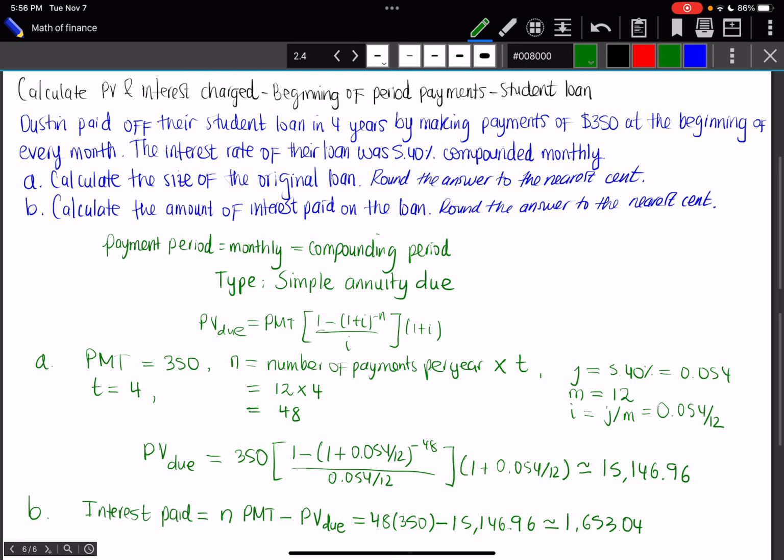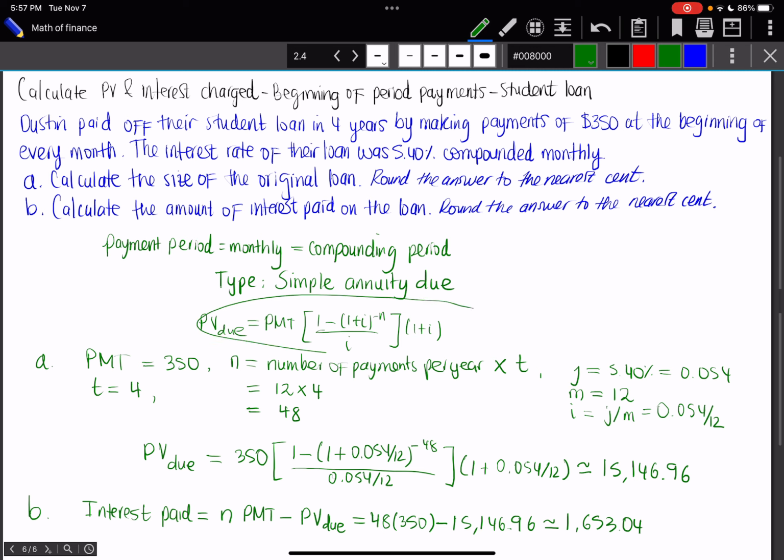We can summarize what we did in various parts. The first thing we did was we classified the annuity as a simple annuity due. Then we said that there were 2 formulas that were particularly important with a simple annuity due, and because we were interested in finding the original size of the loan, then we figured that we needed to find the present value of the annuity.